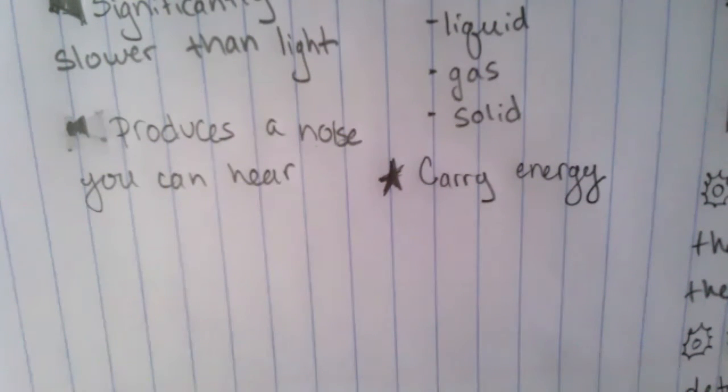You have to think about a photon having 0 mass, which means it's not made out of anything physical that we can perceive.